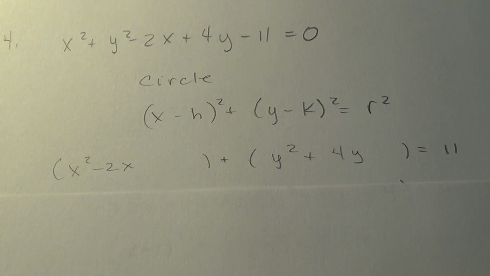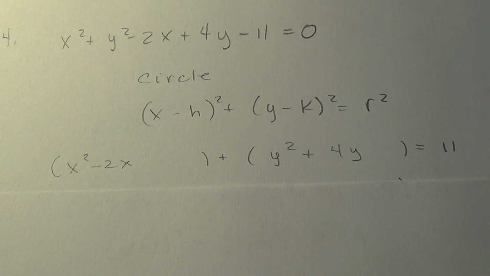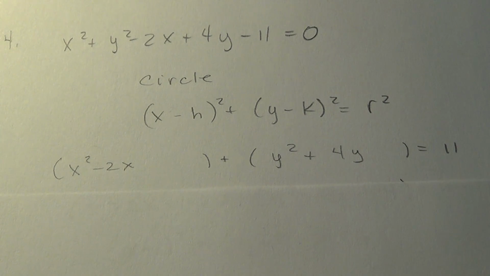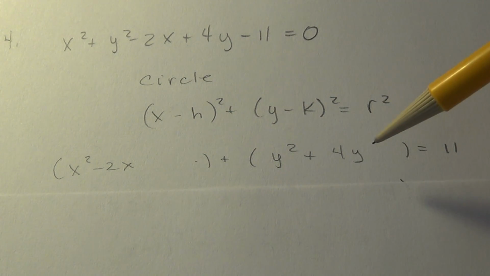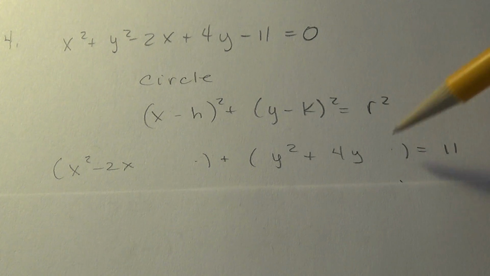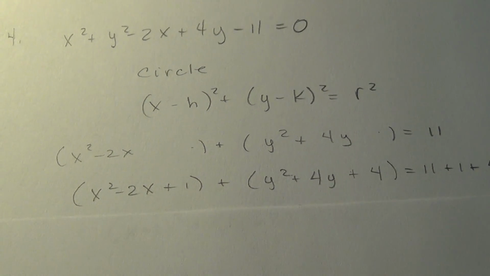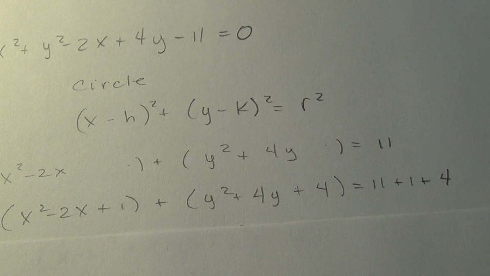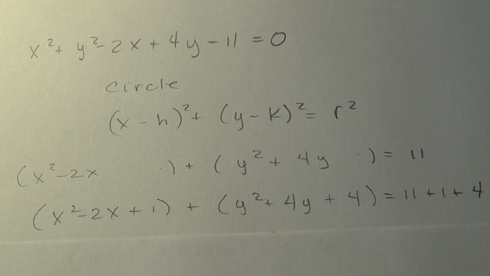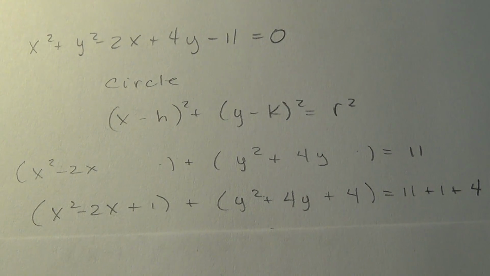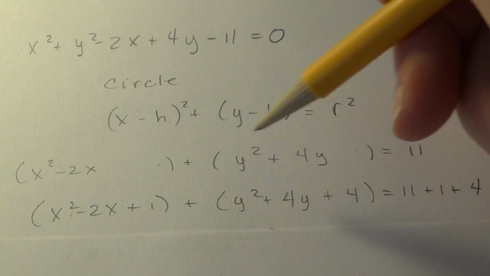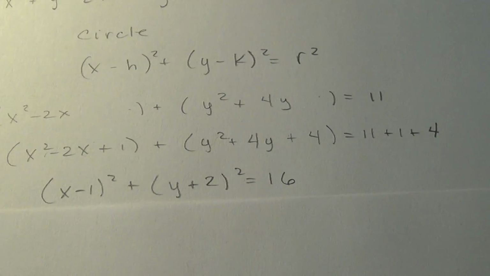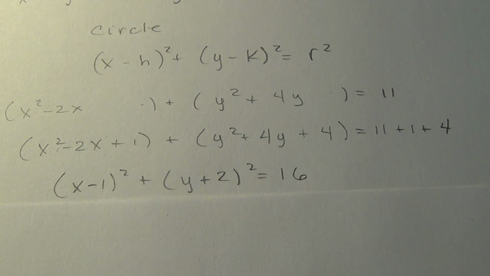And now we will add the special number to complete the square. Here it will be a 1, here it will be 4. 1 and 4. We will add 1 and 4 over here to adjust for that. So then we have the perfect square, x minus 1, y plus 2, both squared, and 16 appears on the right.